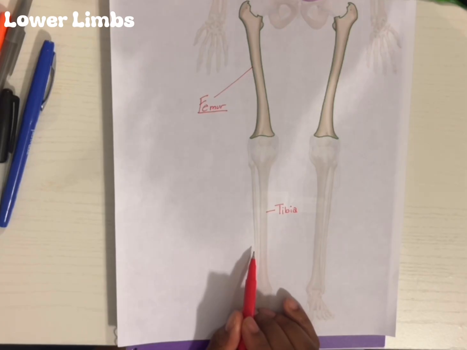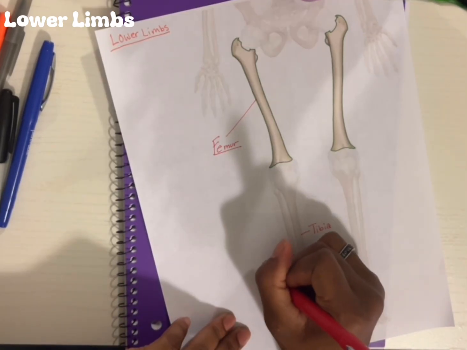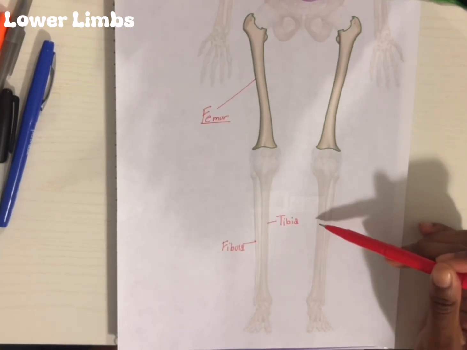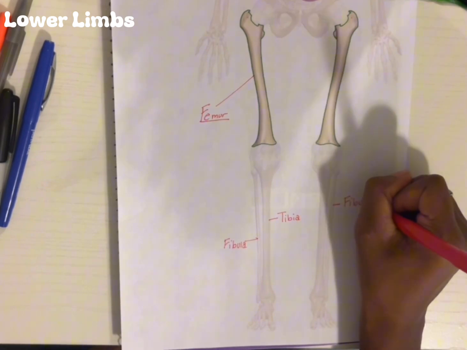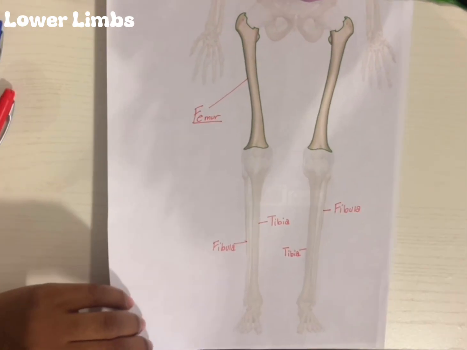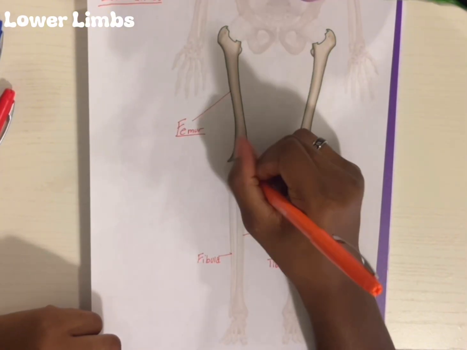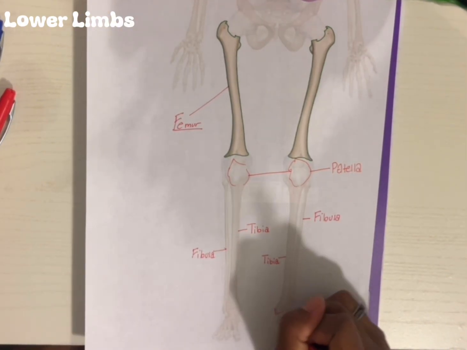On the more lateral side is the fibula. Again, more medial side, tibia, more lateral side, fibula. We're going to take a better look at them, but from right here, you can see the patella.